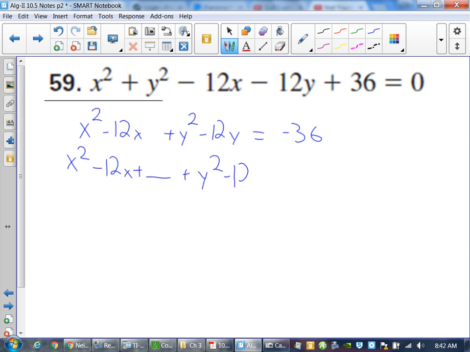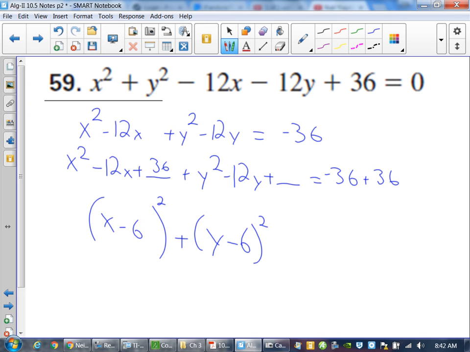Maddie, what did you get for the directrix for 61? So you got x minus 6 squared, 36, 36. So this is the standard form of a circle.